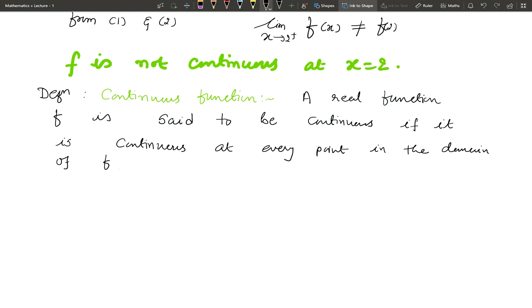Now we define continuity on open interval a comma b.